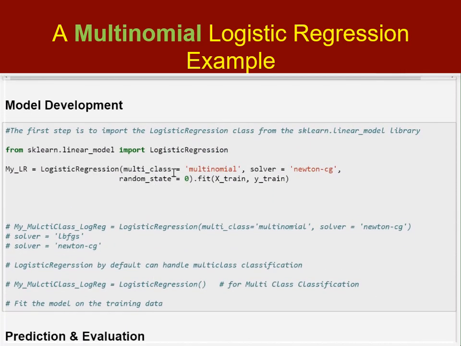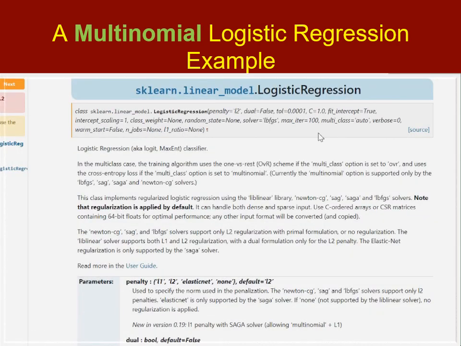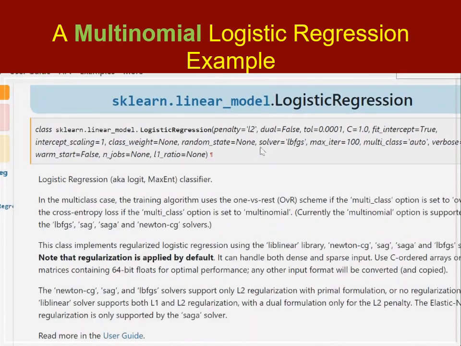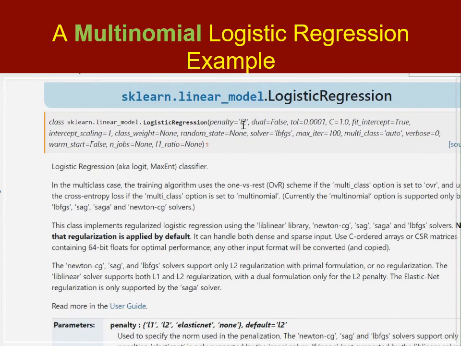So there are a lot of other parameters here that you can work on. Also the solver, you can use OVR and other parameters. You can go to the Scikit-Learn website here. So this is the Scikit-Learn page for the logistic regression. You see that here you can see the parameters for this. It has the penalty L2 type as we have in ridge regression, and we have other parameters here including random state and solver.